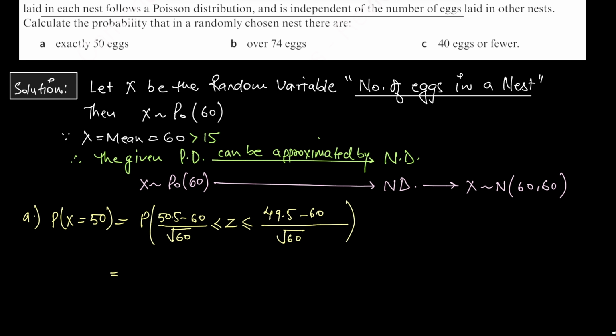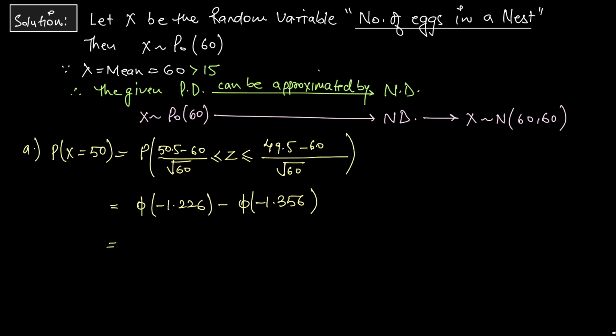Okay, so let's quickly find out the values. We will write phi of minus 1.226 minus phi of negative 1.356. When we use the table of normal distribution, we can easily figure out that it is going to be 1 minus 0.8899.